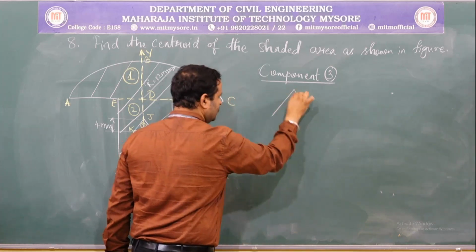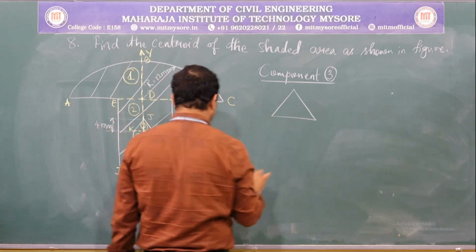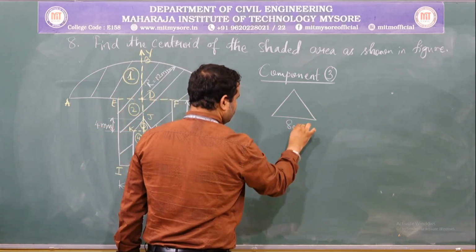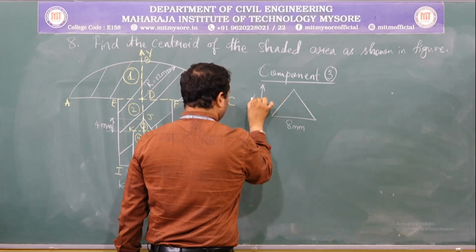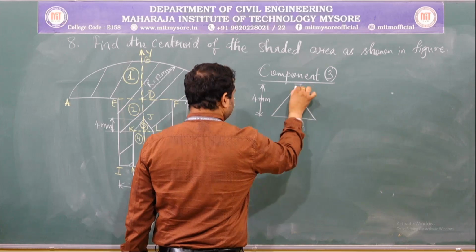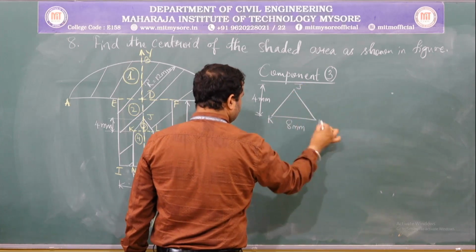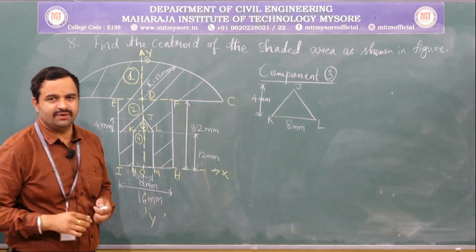Component 3 is a triangle of base 8 mm and height 4 mm. So, it is triangle JKL. Where does the centroid of a triangle lie, which we have already derived?